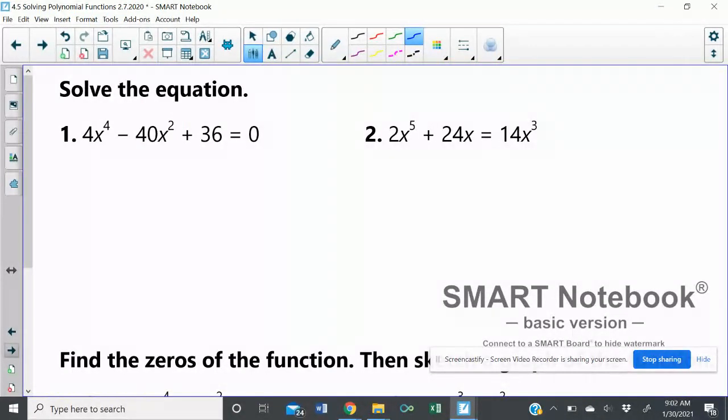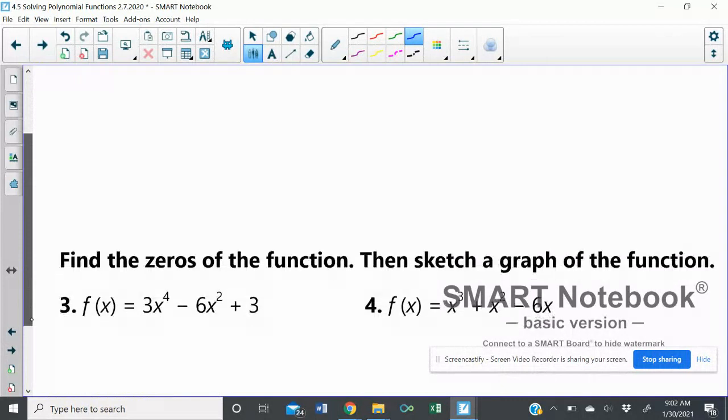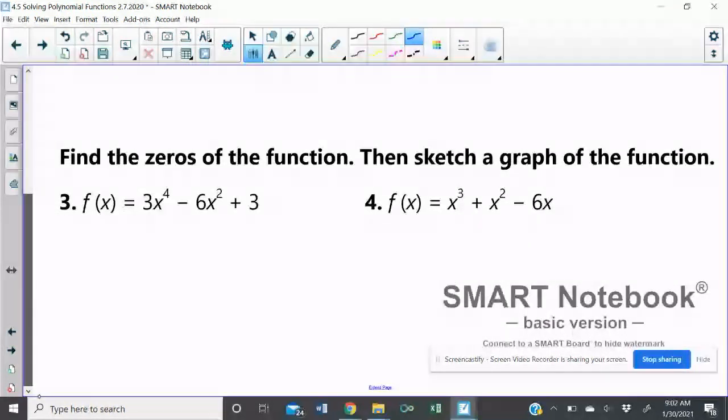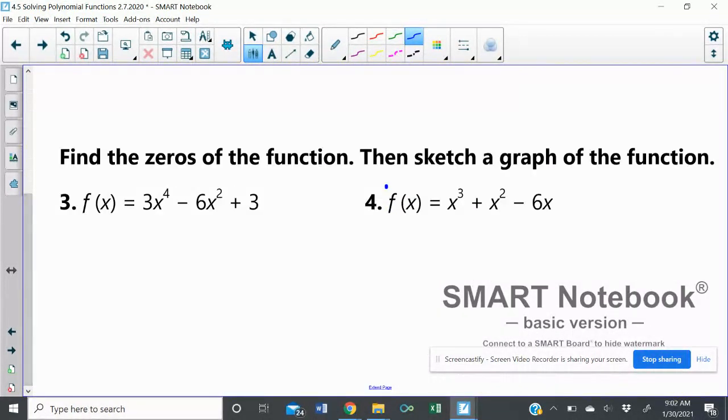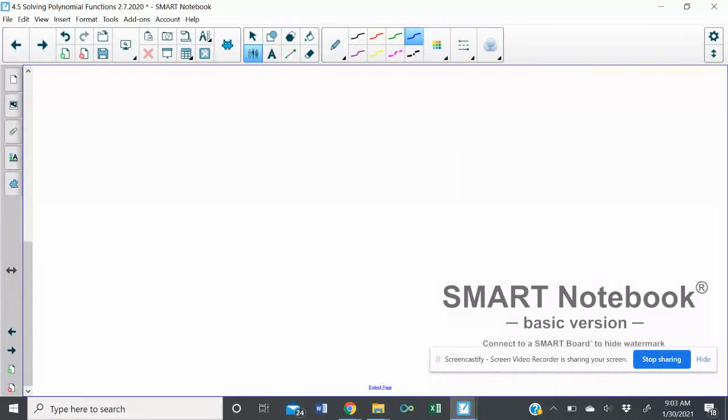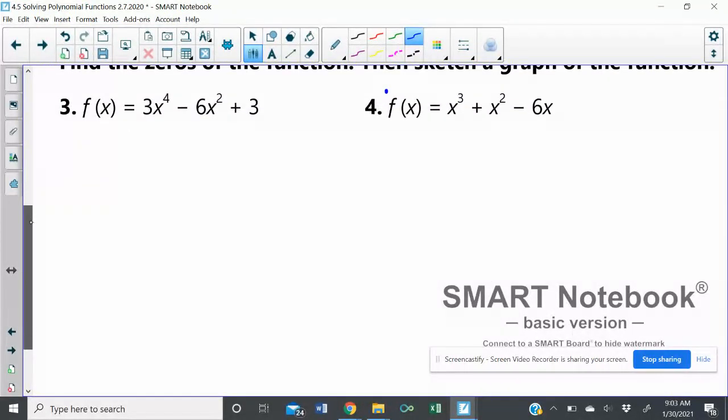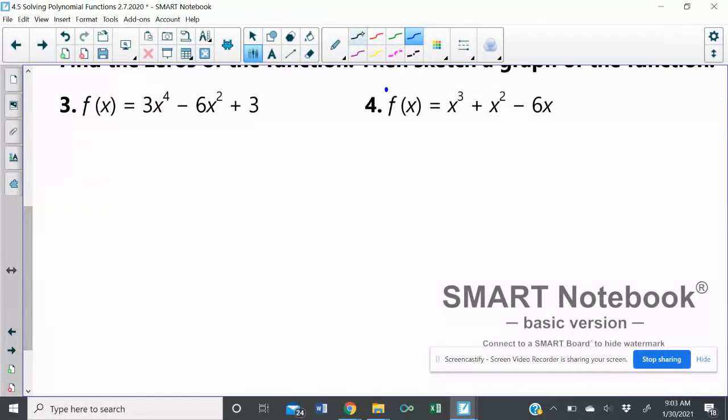Let's go. We're going to go to this one here. I'm sorry. Let's try this guy. So we're going to factor out an x. I'm left with x squared plus x minus 6.